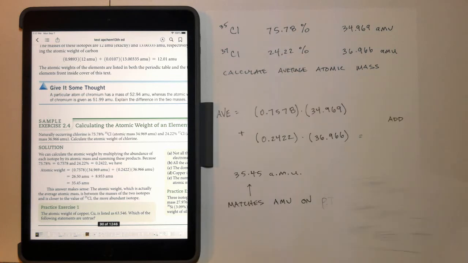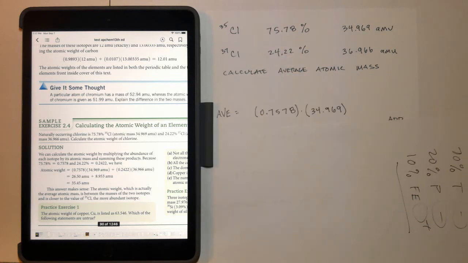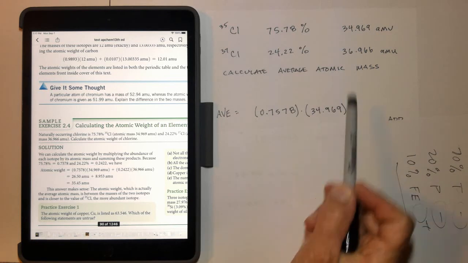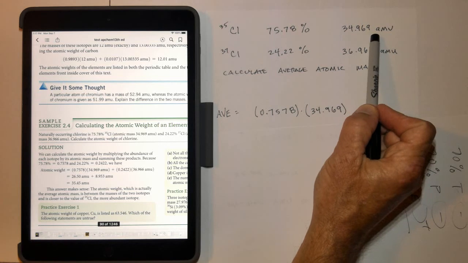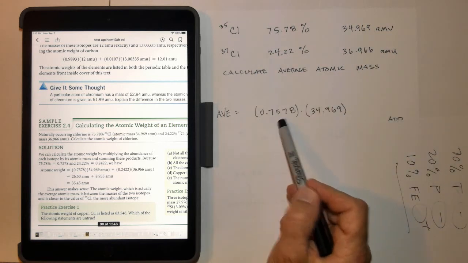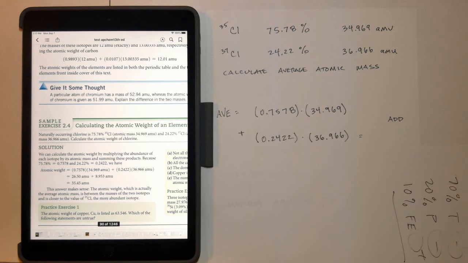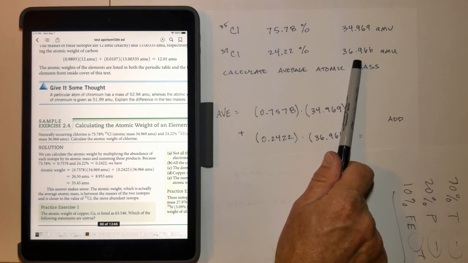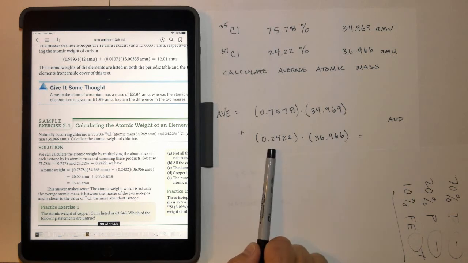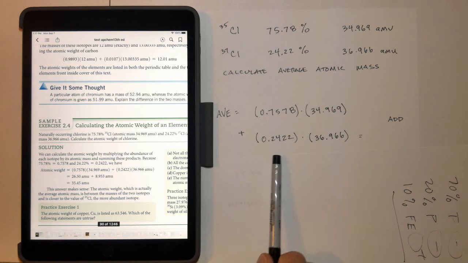So the math ends up looking like this. The average would be: take 75% of the 35.969 AMU mass of chlorine 35. Notice I wrote the percentage as a decimal. Then add that to 24% of the 36.99 AMU mass of chlorine 37. Add those two together, and then we'll have the weighted average.